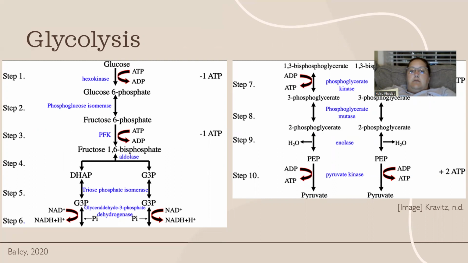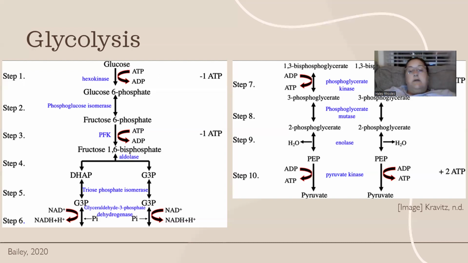And then 3-PG is going to use phosphoglycerate kinase to go into 1,3-bisphosphoglycerate. Then glyceraldehyde 3-phosphate dehydrogenase will turn the bisphosphoglycerate into G3P, and then your triose phosphate isomerase enzymes will turn G3P and DHAP into those two, and then aldolase comes in again in step 4 and turns it back into fructose 1,6-bisphosphate.